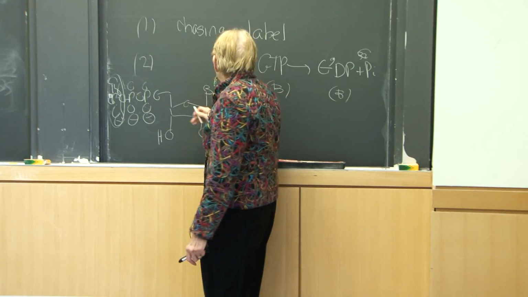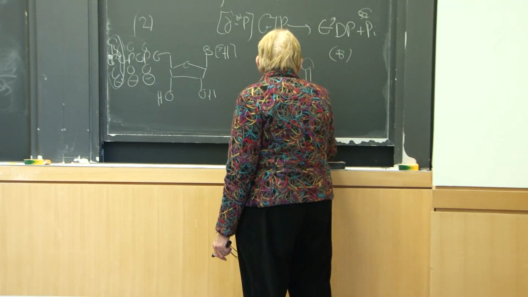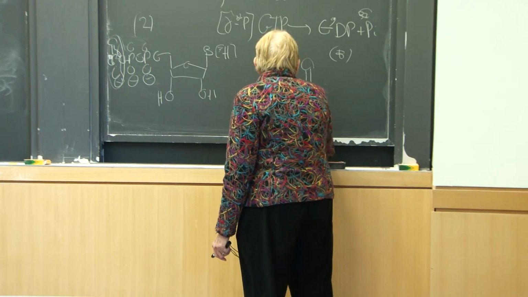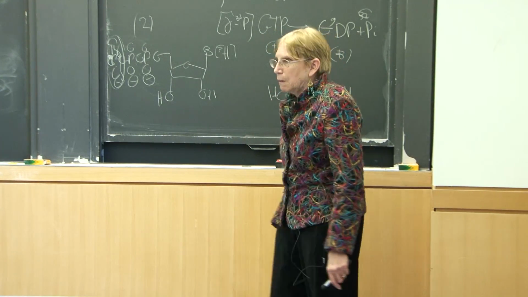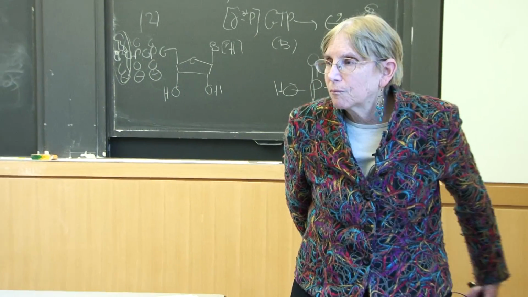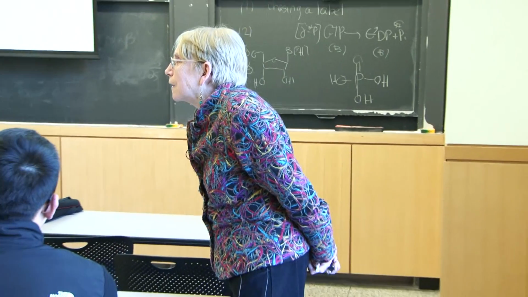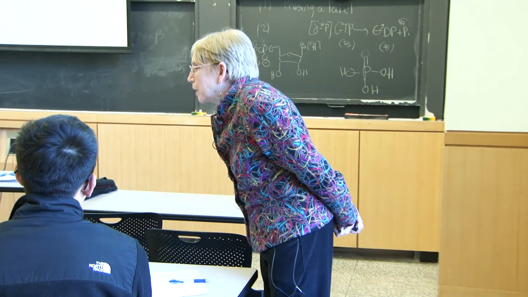Let me ask this question, and we'll see how much we need to be thinking about here. What is the charge state of phosphate? Can anybody tell me? It depends on the pH of your solution. Yes, and we're at neutral pH.